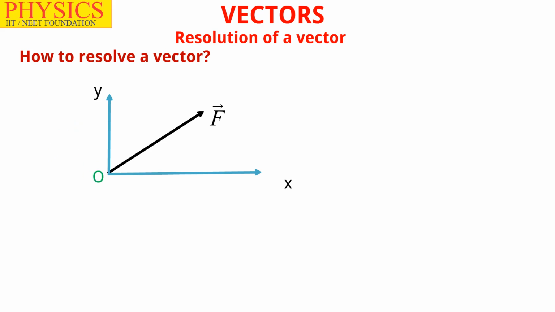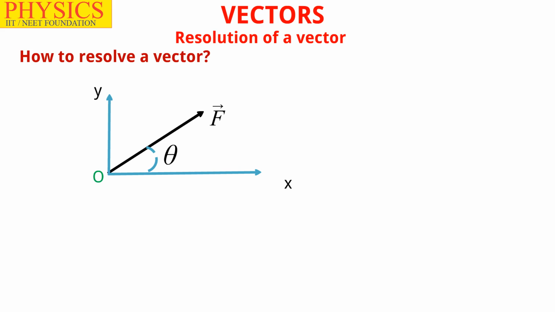Then the angle made by the vector with the x-axis is theta. Then I want to know what is the part of the vector along the horizontal direction, the x-axis, and the part along the y-axis. For this we need a simple mathematical knowledge.